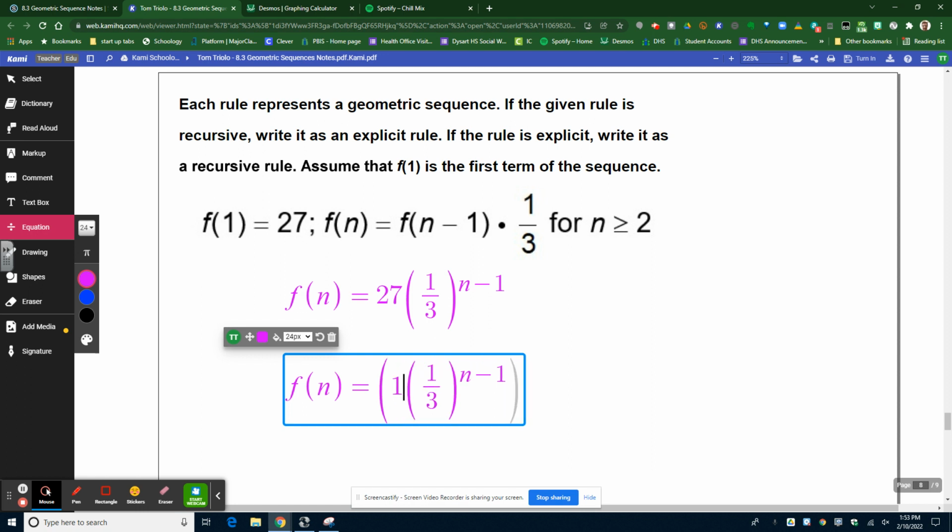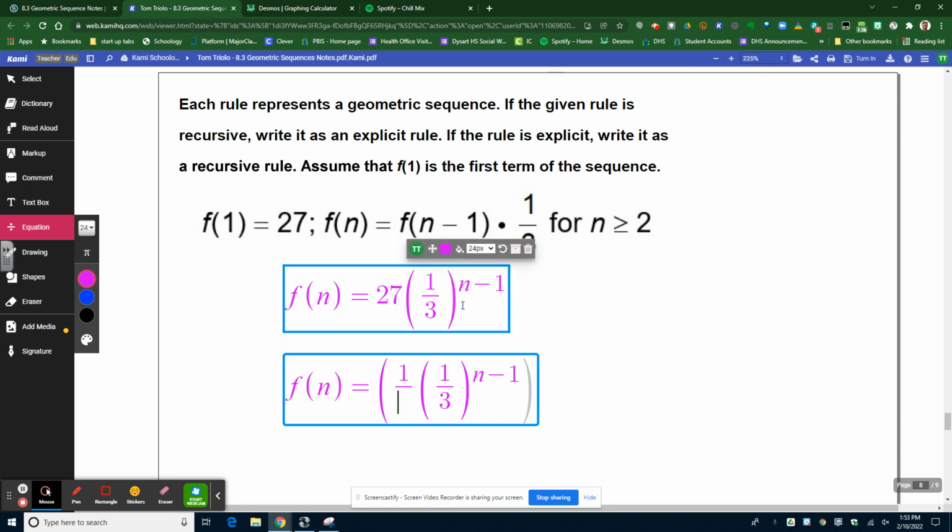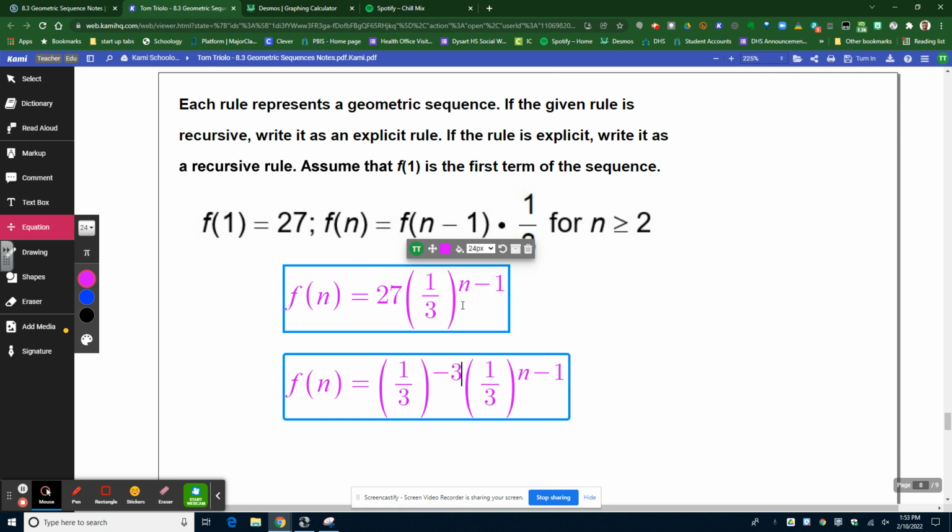Parentheses 1/3, divided by 3. So 1/3 to the negative 3 power. So keep going to the right. Parentheses 1/3, close, to the power of n, oopsies, I opened a new one, close, to the power of n minus, I got minus 3, minus 1 more is minus 4.